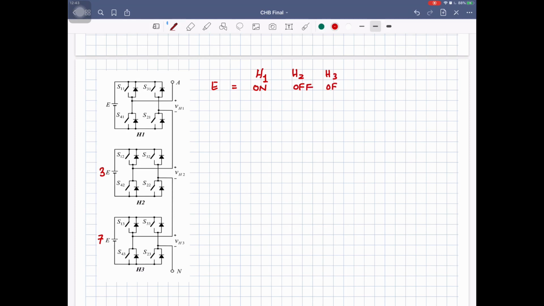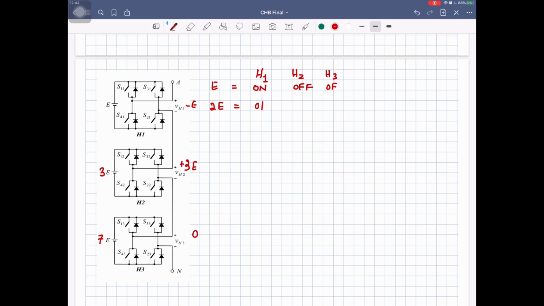For first inverter, you will have to apply 0, 1 to get minus E from here and then plus 3E from here. So you will get plus 2E, keeping this one at 0. So first inverter will be 0, 1. The second inverter will be 1, 0 and this will be 0, 0. So you will get plus 2E.